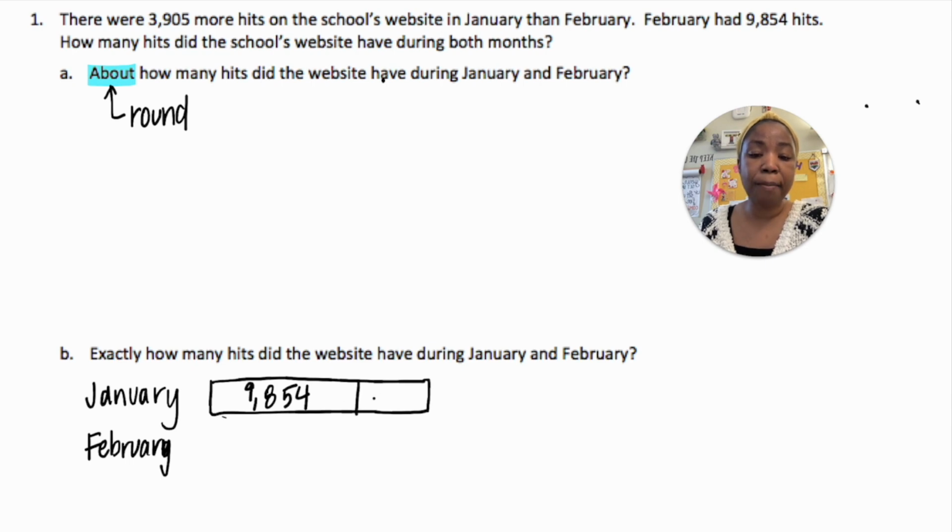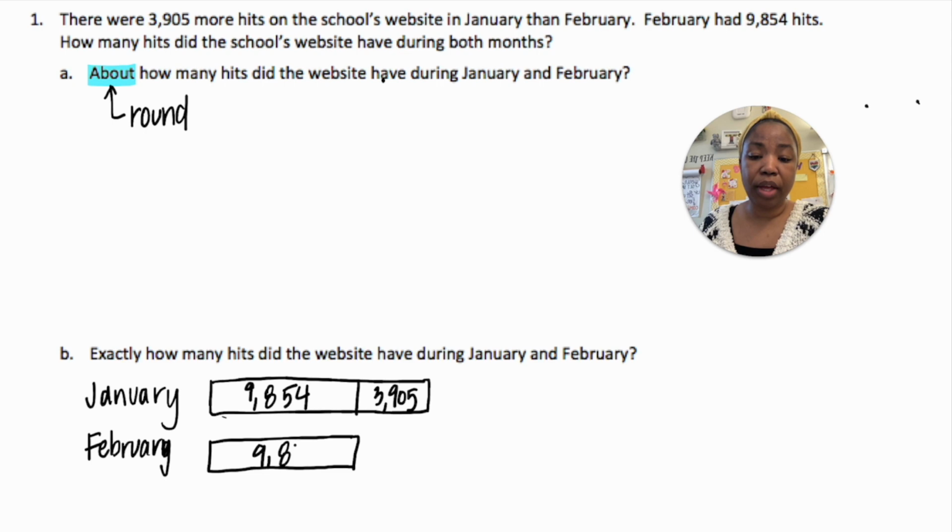And then in the second part, I'm going to put the more part because it was 3,905 more than in February. For February, it was 9,854.